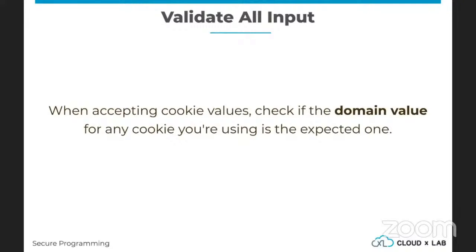Great. Moving ahead. Similarly, input from the user comes in many forms. It's not only the normal form, but it also comes in the form of cookie values. Users can modify cookie values. Let's say you're building a web application, and the web application has cookies.